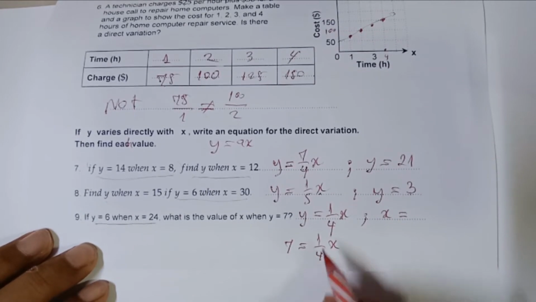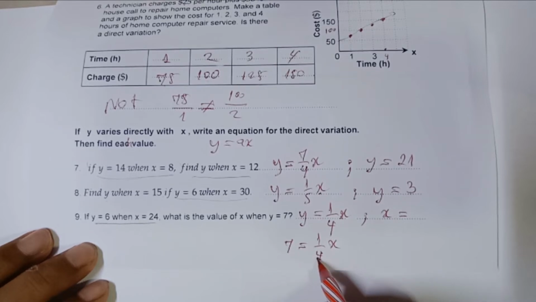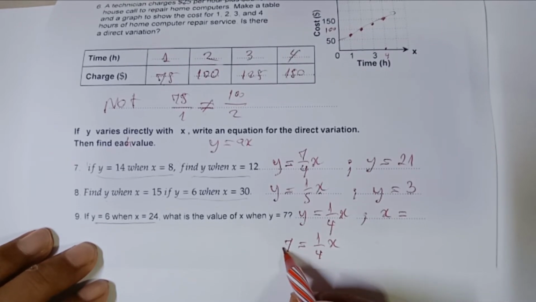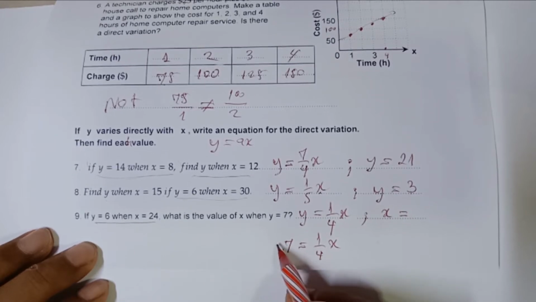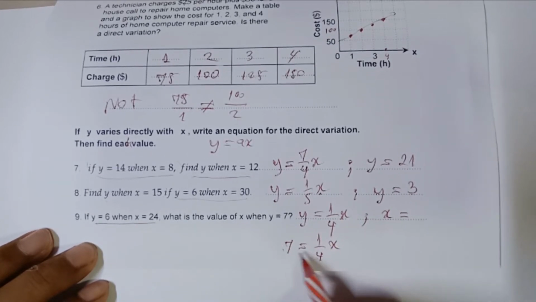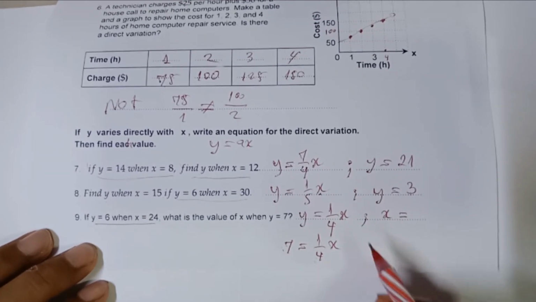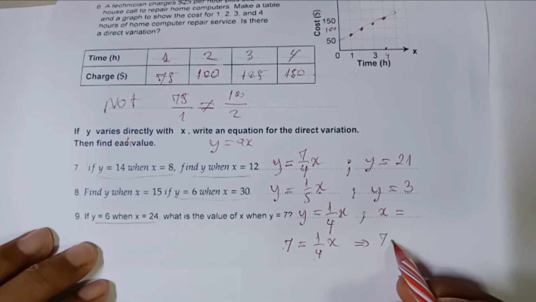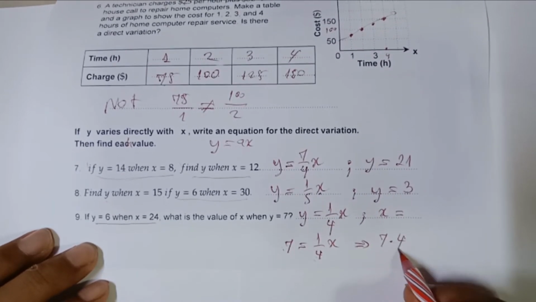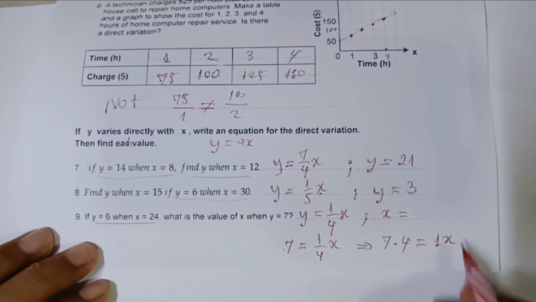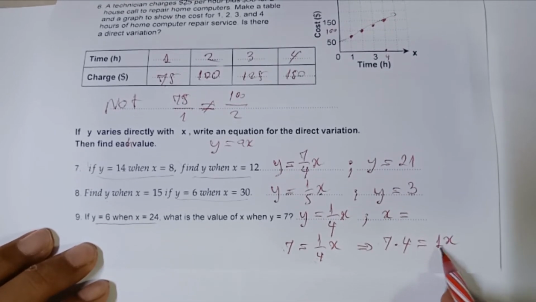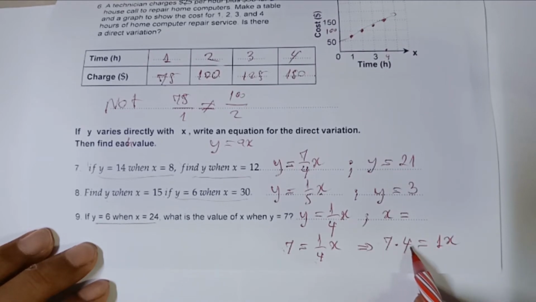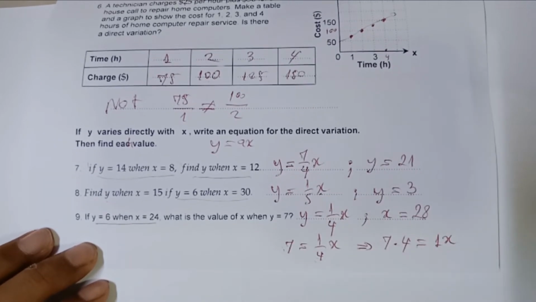To solve for x, when you transpose the 4 from division on this side to the other side, it becomes multiplication. So 7 times 4 equals 1 times x. 1 times x is still x, and 7 times 4 is 28. So 28 is the value of x for number 9.